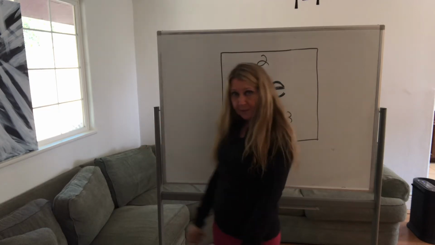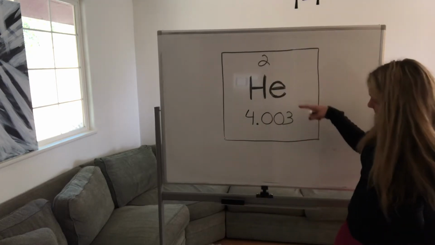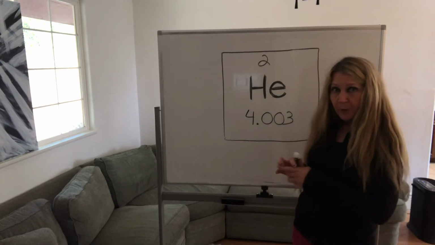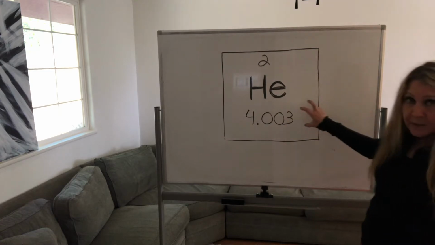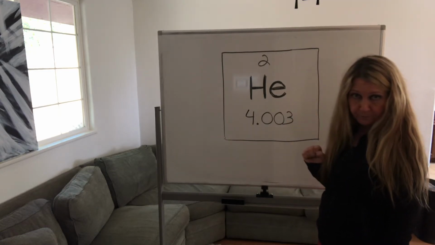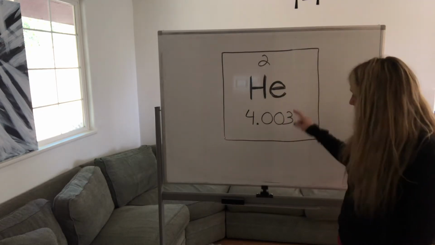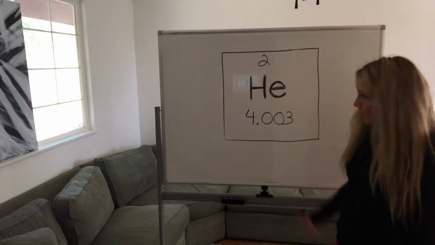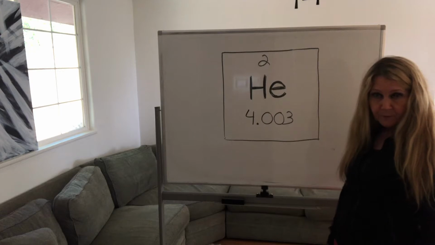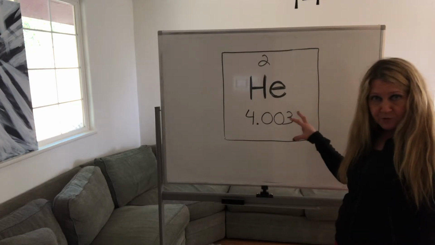So if I were to zoom in on helium in the periodic table, the table is made of those boxes, and I'm looking at helium, and this is what I see. But I can get a lot of information just from this.